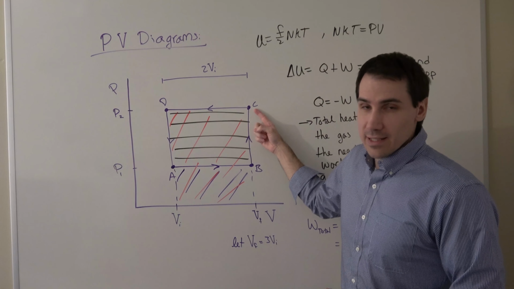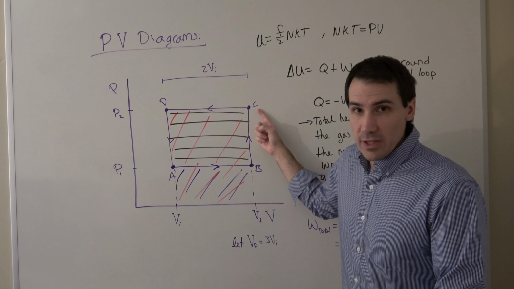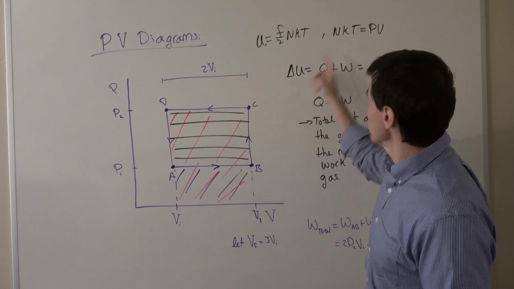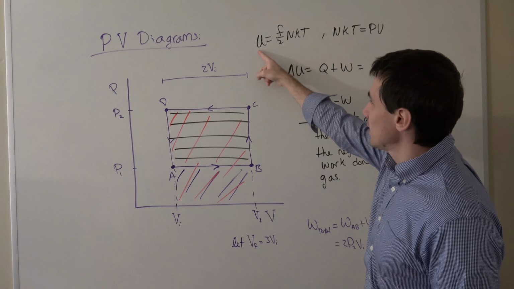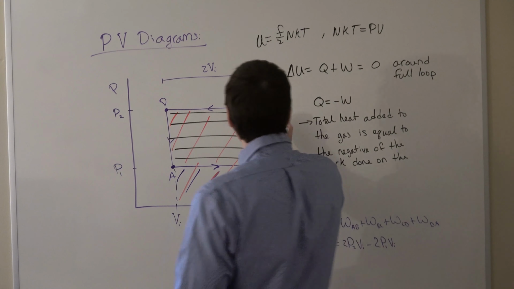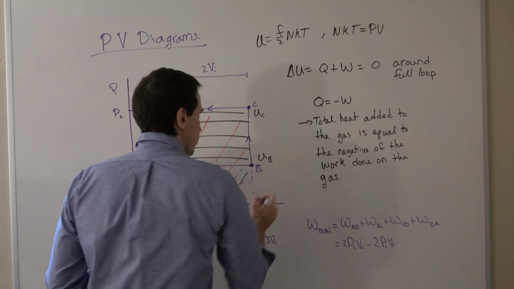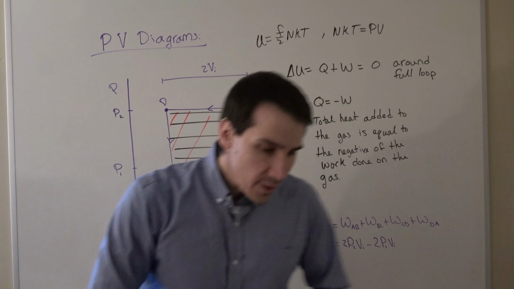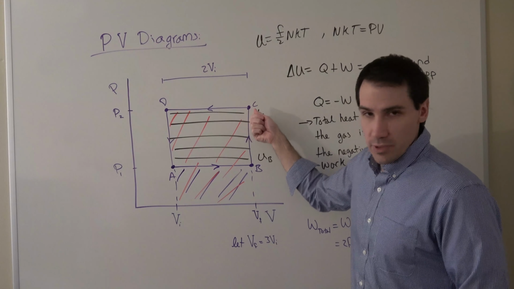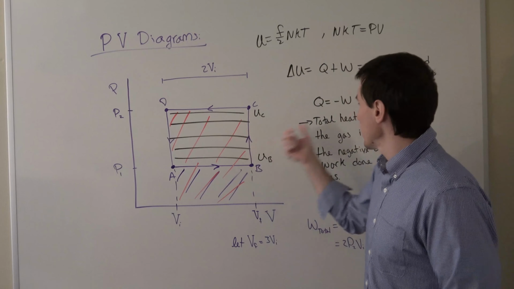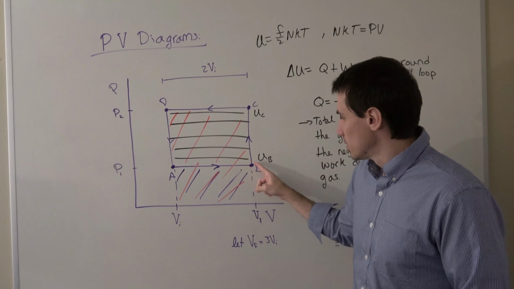Point C is clearly a more energetic spot on the PV diagram than point B. The pressure is higher, so PV is higher, which means the temperature is higher. So the energy U at point C is clearly larger than the energy at point B. And that's fine. In raising the pressure of the gas, I didn't do any work on it, so I had to add a bunch of heat into the gas to raise this pressure.